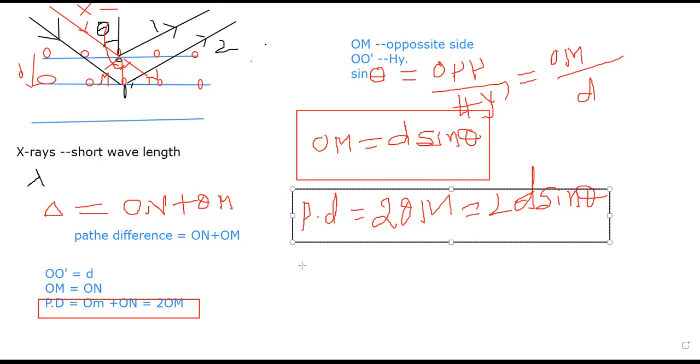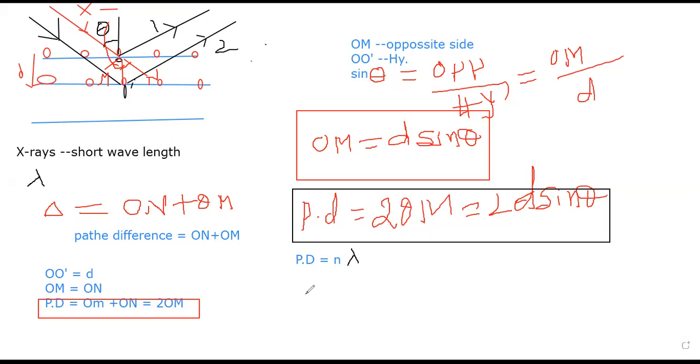For maximum intensity, the path difference must equal n lambda, where n is the order of the diffraction fringe. These two are equated: path difference equals 2D sin theta, and path difference equals n lambda.